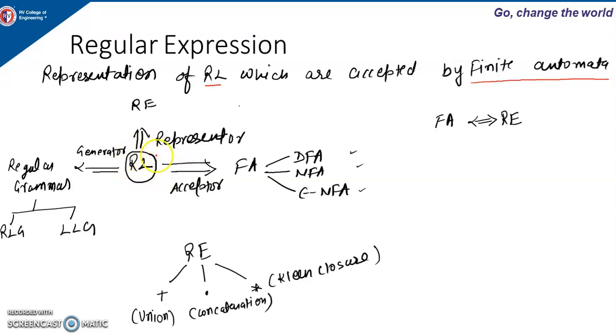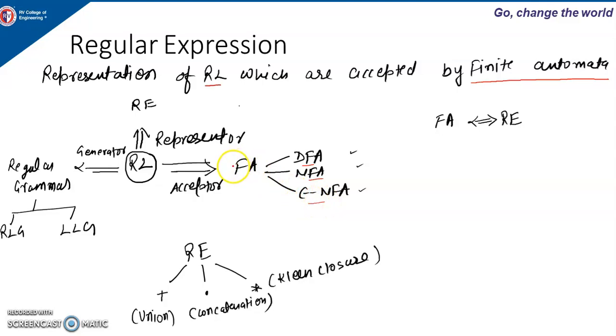So there is something called a regular language, and there are three things that you should know before we go to regular expression. So we have acceptor, generator and representator. So what is acceptor? Acceptor will say whether a string is in the language or not. If any regular language is given to us, we construct a finite automata for that, and there are three types of finite automata: DFA, NFA or null NFA.